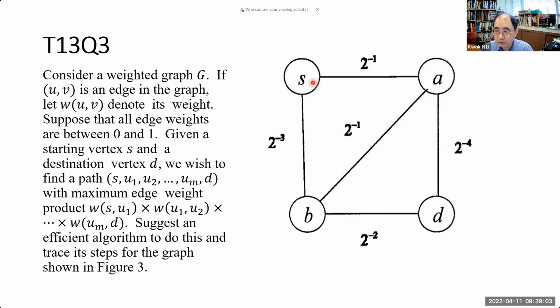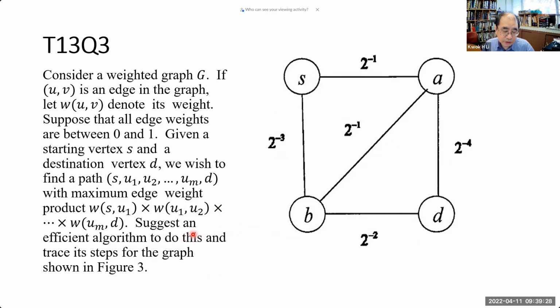Say, for example, you can go to A and then go to B and then go to D. There's another path here. So we should examine all these possibilities using some method, such that the product is maximum.